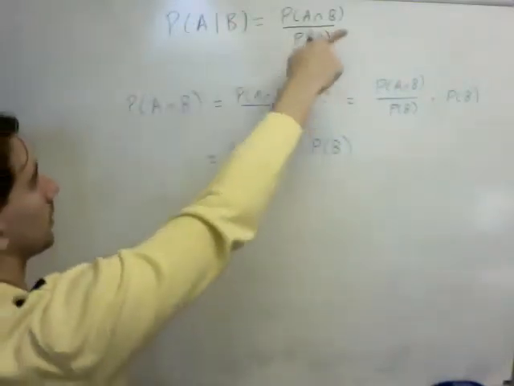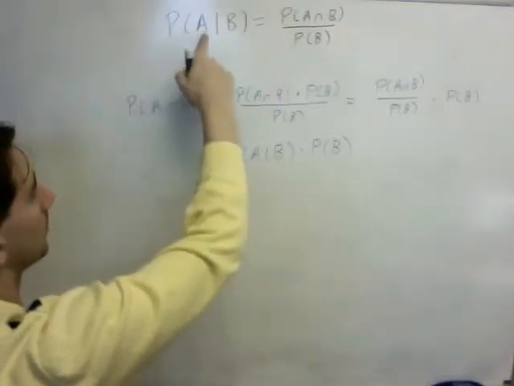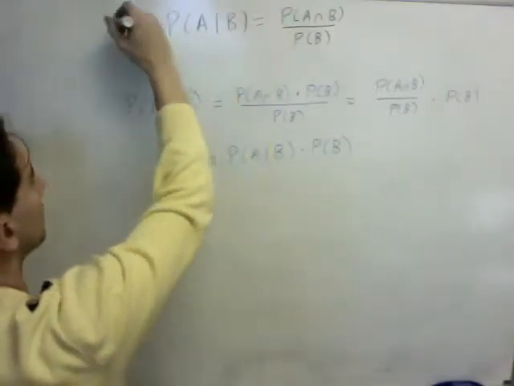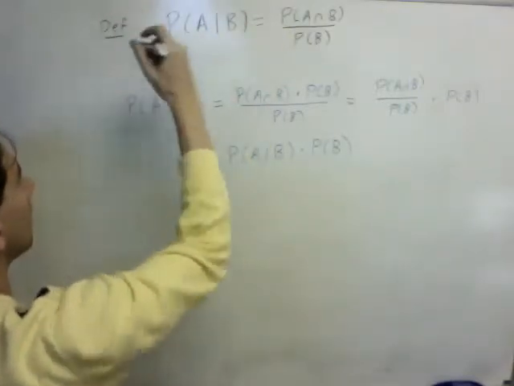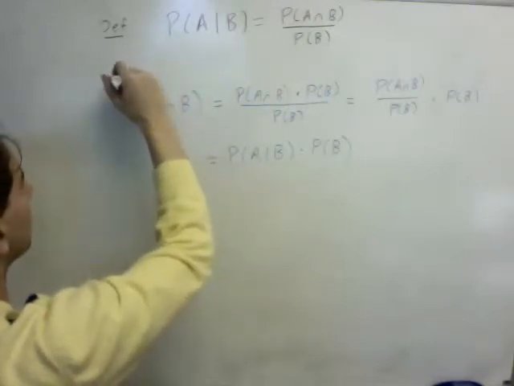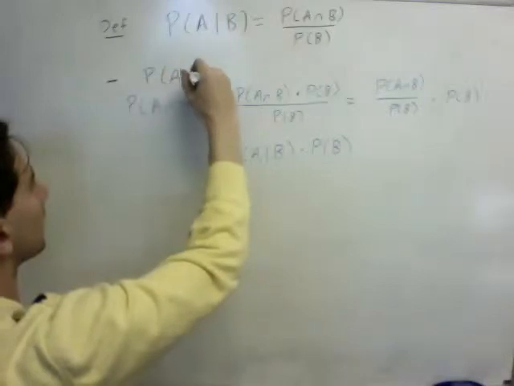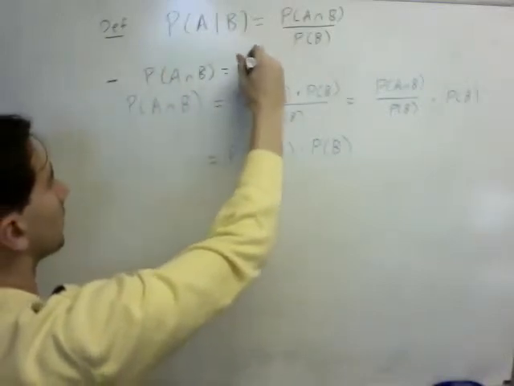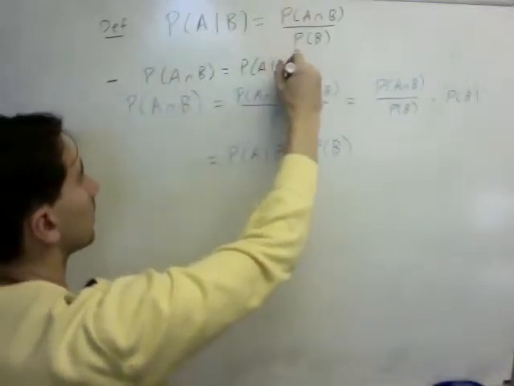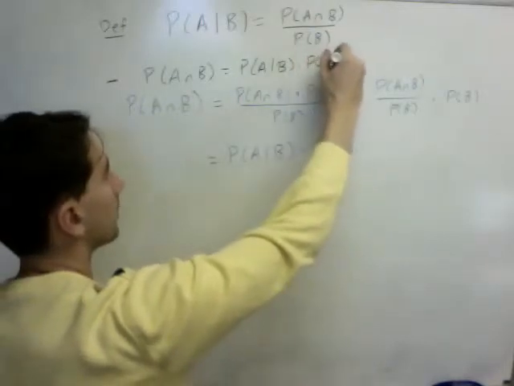So given this formula, and this is our definition of probability of A given B, this one's a definition. And then we derived the probability of A intersect B is the probability of A given B times the probability of B.